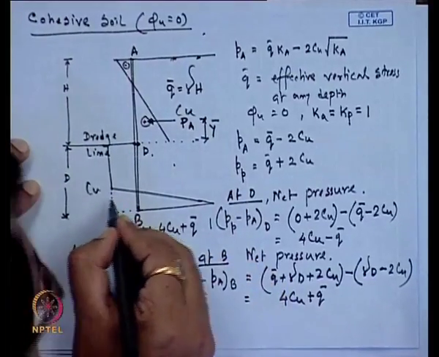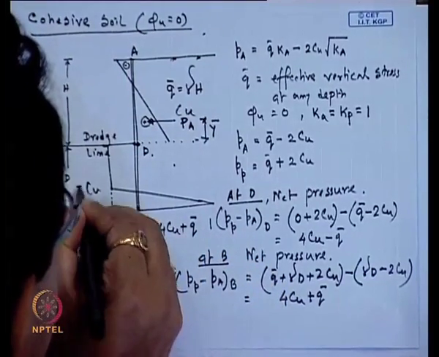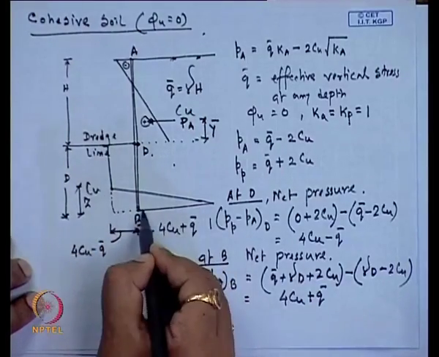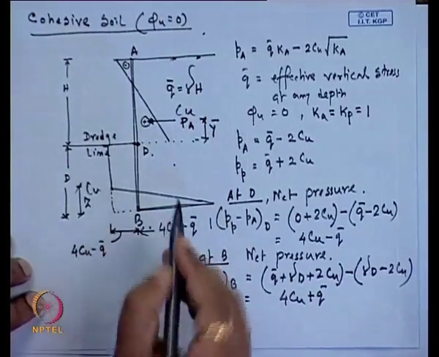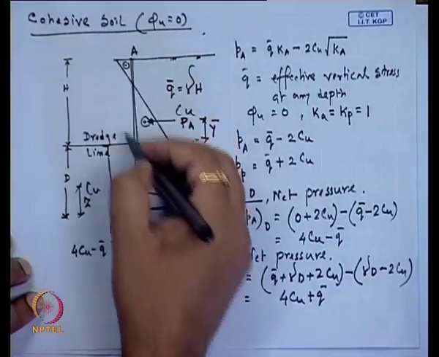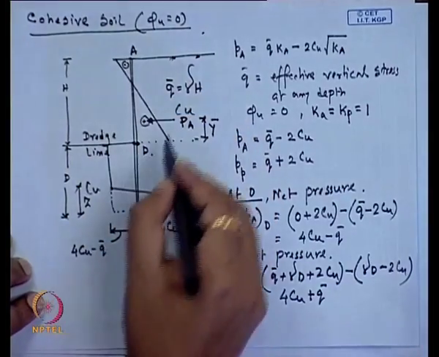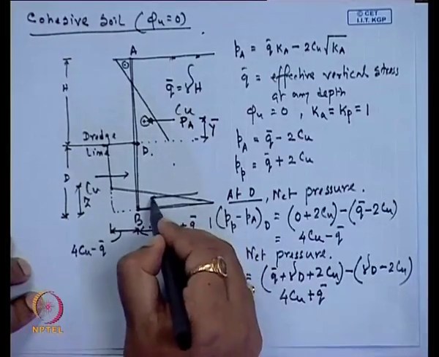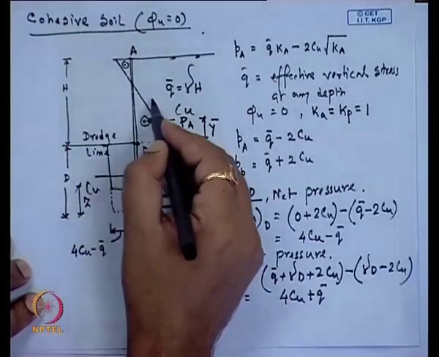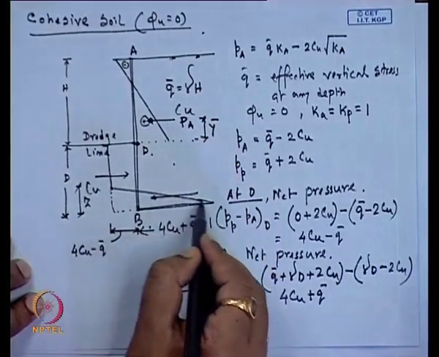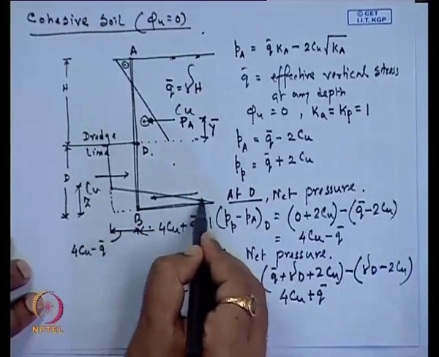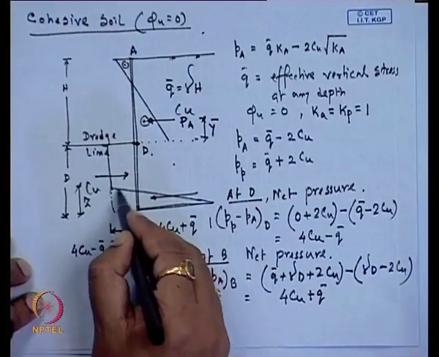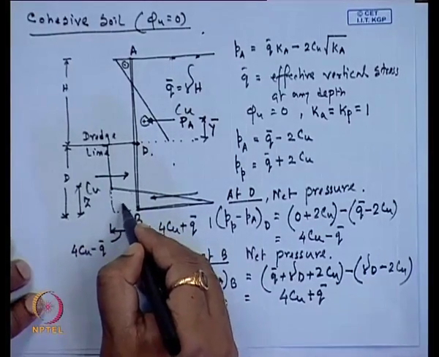Similarly, this distance is z. There is another force acting this side and another force acting this side. So, we are adding this force and then adding the force of this triangle, then subtracting this force which is acting in the opposite direction. So, ultimately this portion will cancel out.